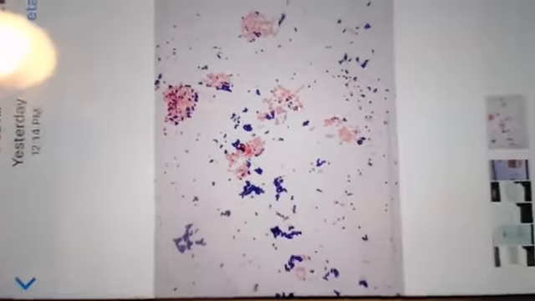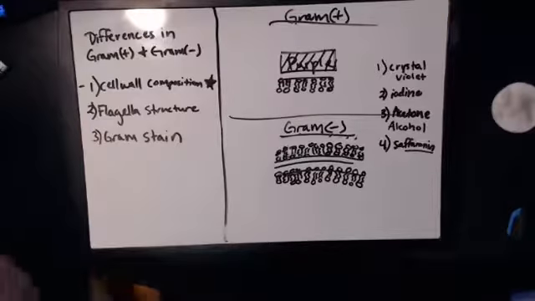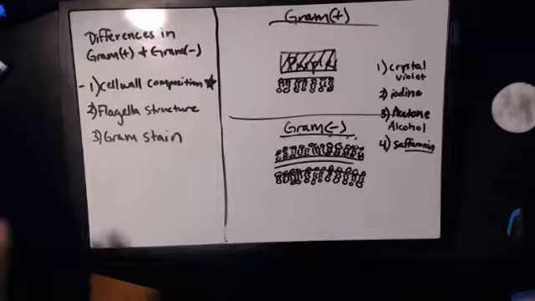And the purple is going to be the gram-positive, which is that thick peptidoglycan wall. It holds in that purple dye. And then you have the pink, which is the gram-negative, which is dyed pink when the safranin is used in the final step. So those are all the differences that I have concluded are great in distinguishing between these 2 bacteria.